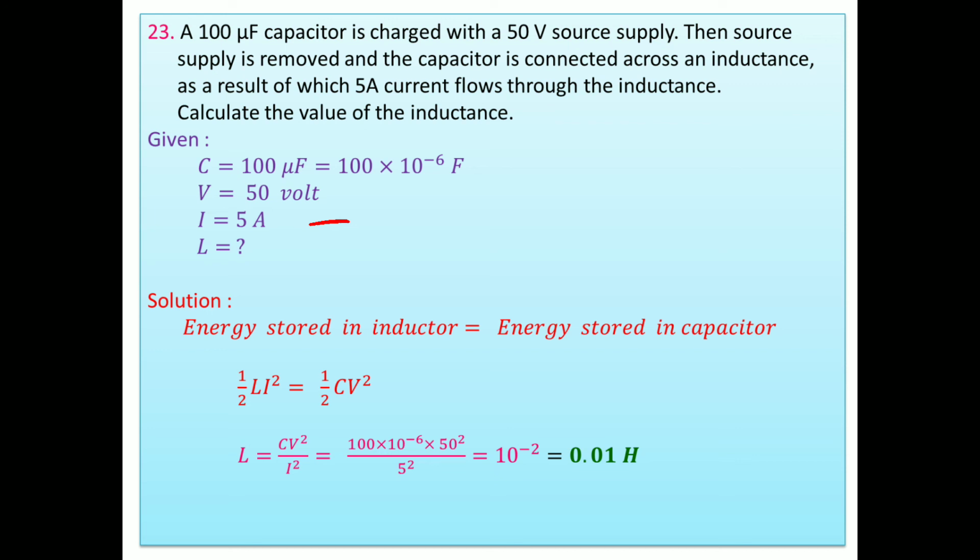So energy stored in the inductor equals energy stored in the capacitor. So half L I square equals half C V square, so L equals C V square upon I square. C is 100 into 10 raised to minus 6, 50 square upon 5 square, and after calculation, 10 raised to minus 2, or 0.01 henry.